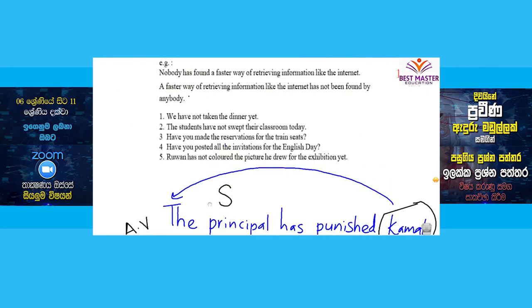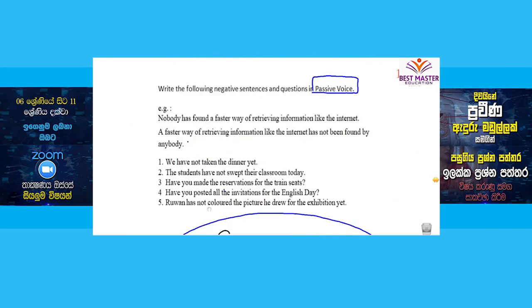In this activity, they have asked us to convert some sentences into the passive. In your textbook, activity number 10, now write the following present perfect tense sentences in passive voice.